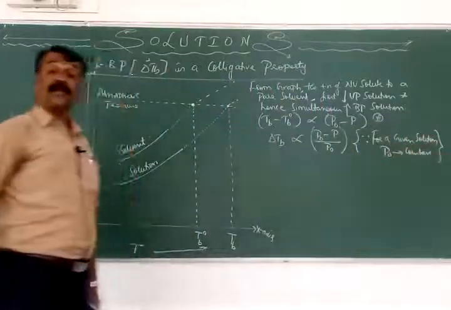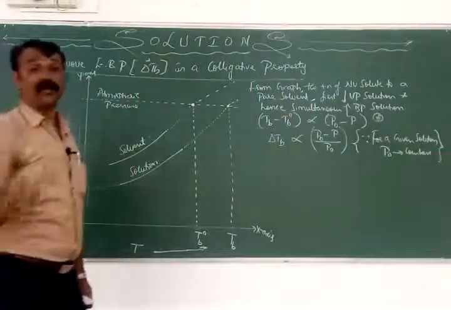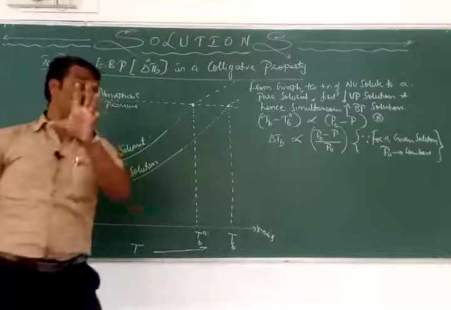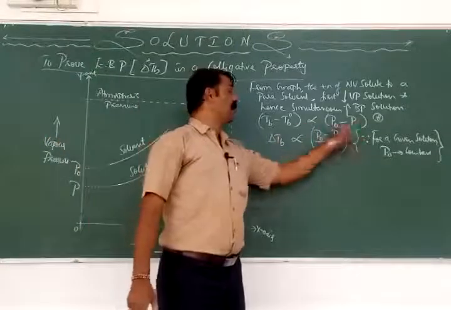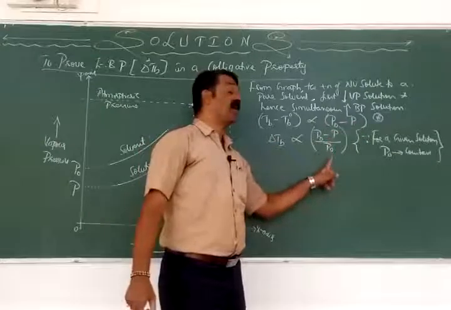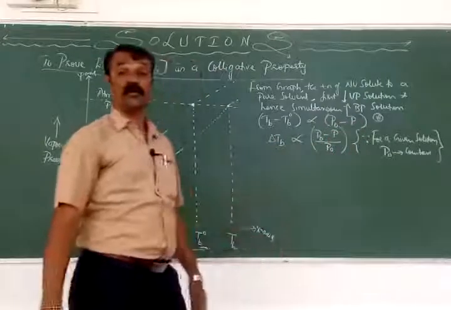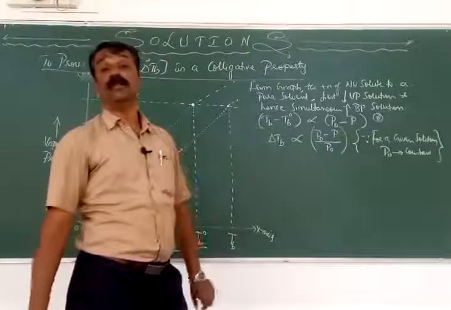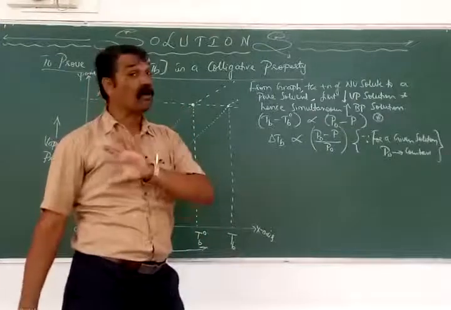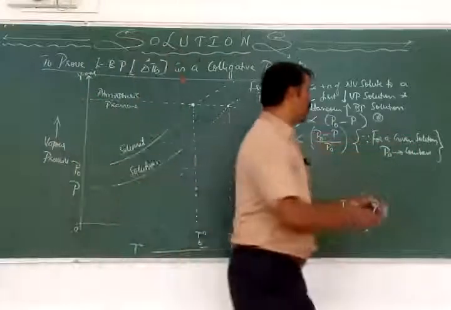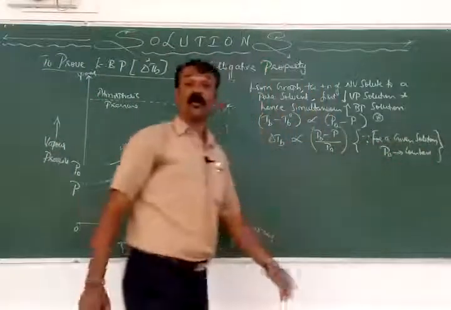P naught is the vapor pressure of the pure solvent, and at a constant temperature it is always constant. Therefore, instead of P naught minus P, I am writing P naught minus P divided by P naught, because it is constant for the given solution. The solute and solution are varying, but not the pure solvent.